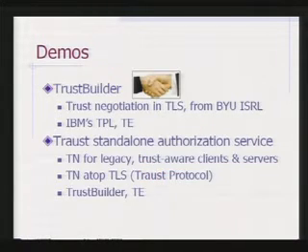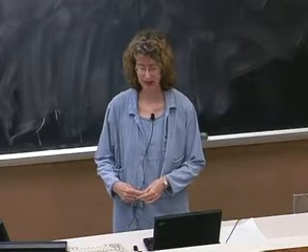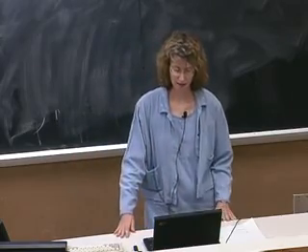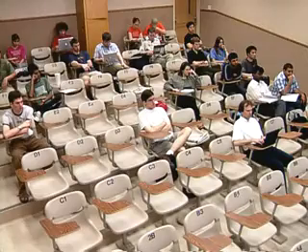Okay, so I'll be showing three demos at this point. The first two are demonstrations of TrustBuilder, which is our software for runtime trust establishment. And what you'll be seeing is trust negotiation added to TLS. By extensions to TLS's re-handshake facility, trust negotiation will be taking place on the fly as we access a website.